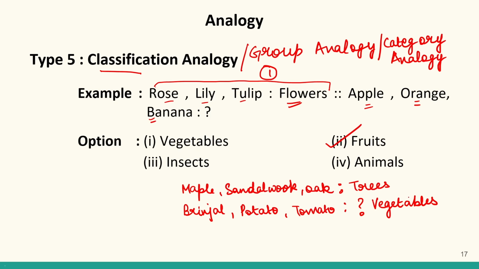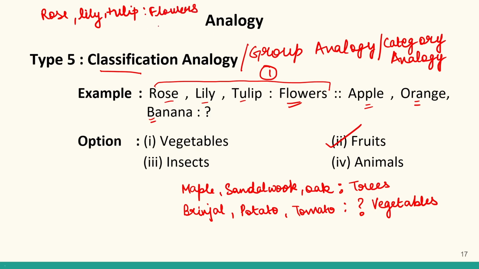So classification analogy basically means that we are given certain letters or words. It could even be the other way also. Let's say we had a question where we were given rose, lily, tulip as flowers, right?